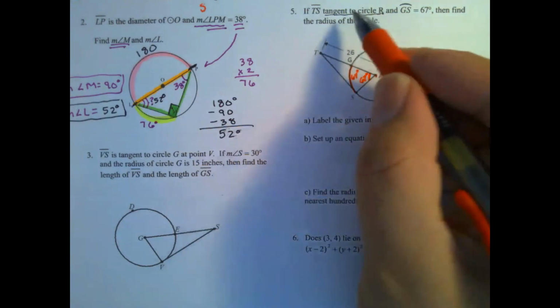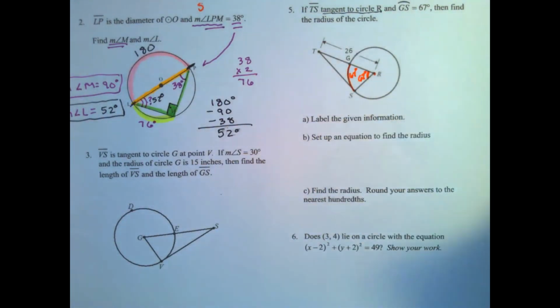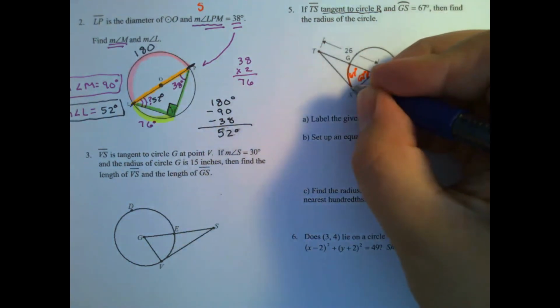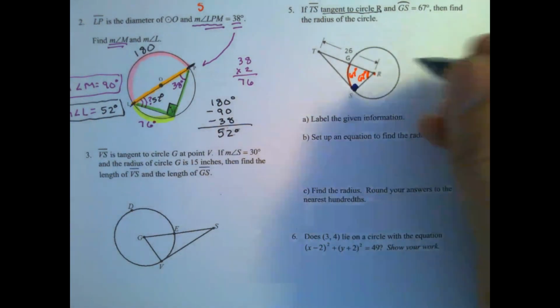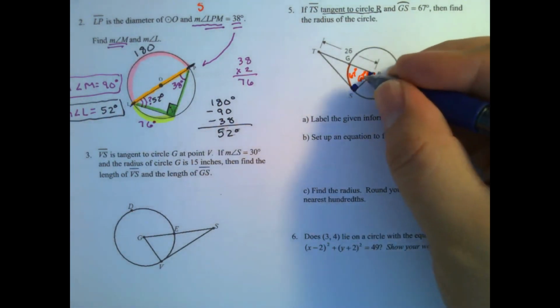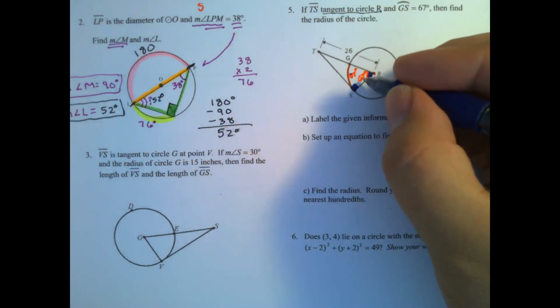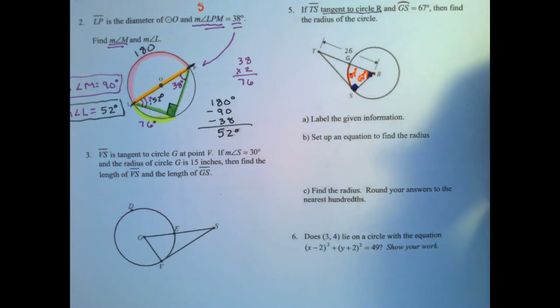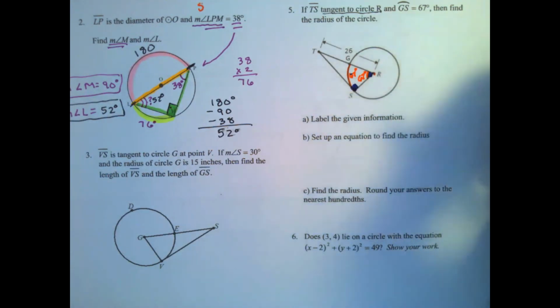And when they said that a tangent line is connecting with the radius, remember that also allows me to put another 90 right here. So this is one of those kind of hidden rules that didn't come up much, but look, we have a 90. We now have this angle right here is 67. Even though they gave me the arc, it matches a central angle. No cutting in half or anything like that. So I know my angle, 67. I know this is 90.